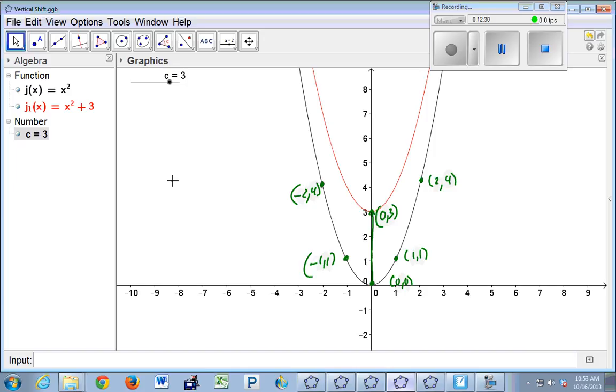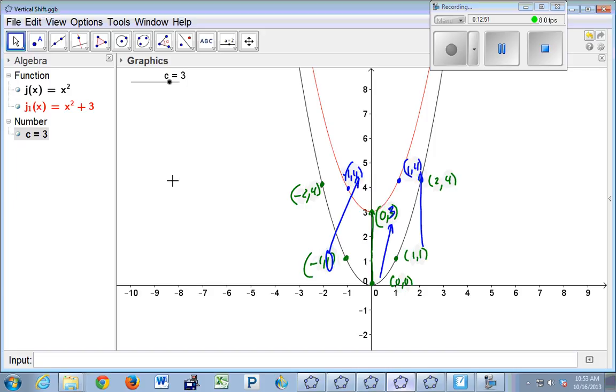So your y value has increased by 3. And if you go to 1, 1 is now at 4. And -1 is at 4. So everything has shifted up 3 units.